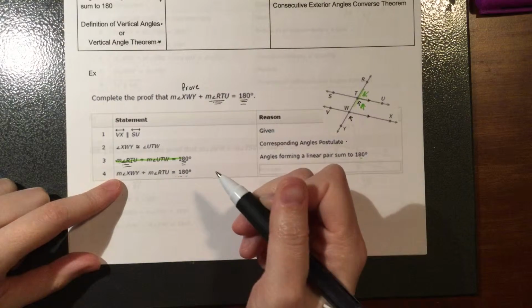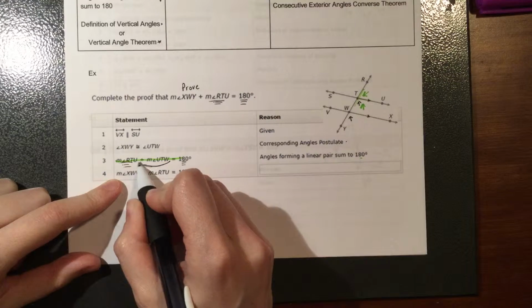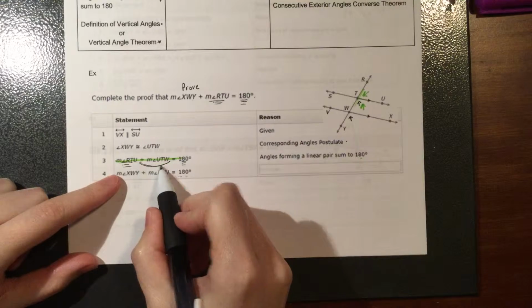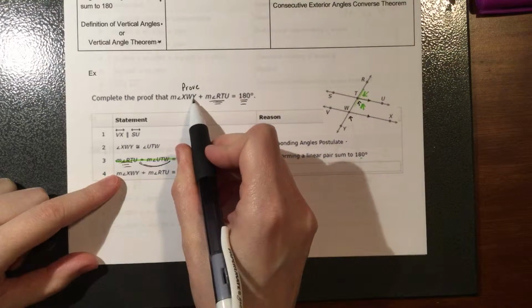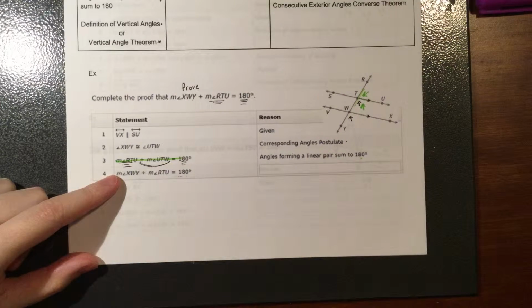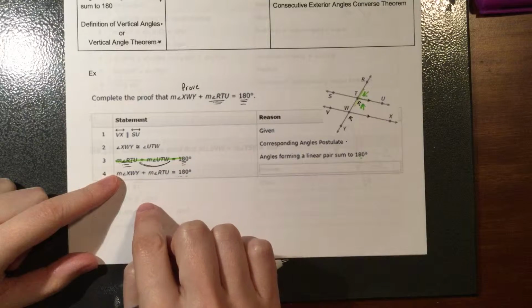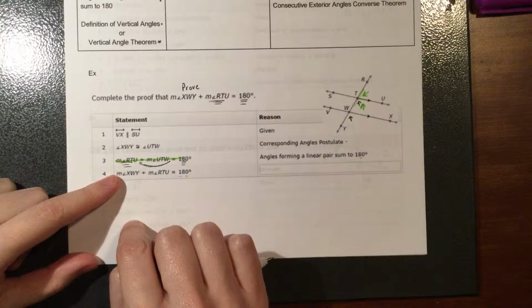So the only thing that I have that I don't want to have is this UTW. So instead of the UTW, I want the angle XWY. So if I look, is there anywhere in my proof where I've said that UTW is the same thing as angle XWY?